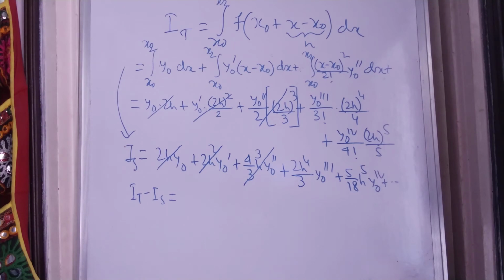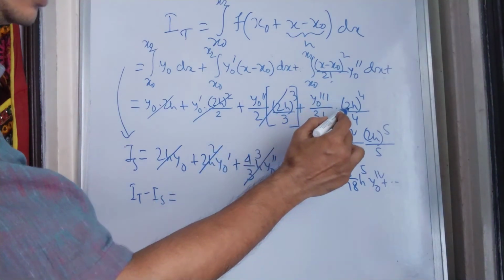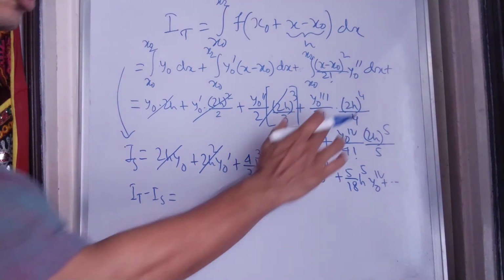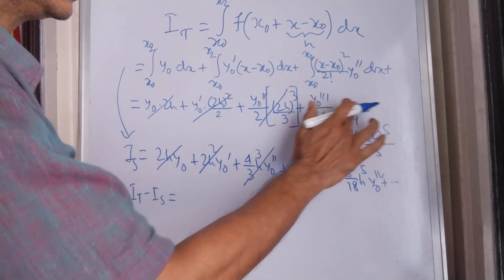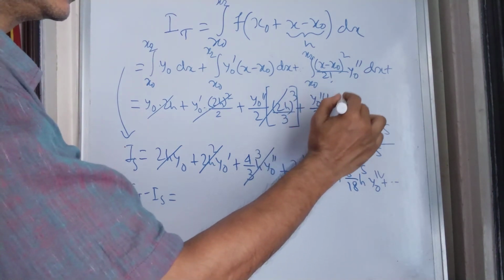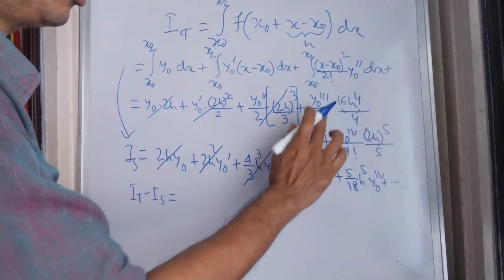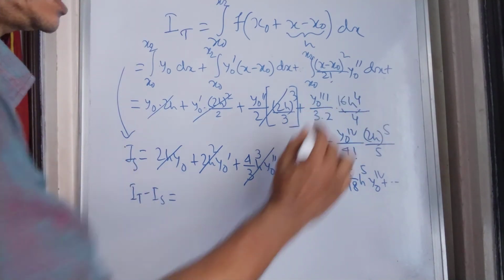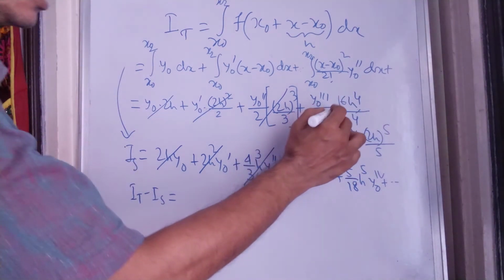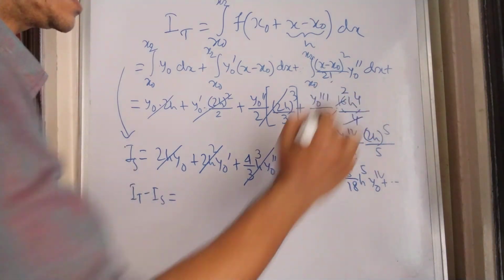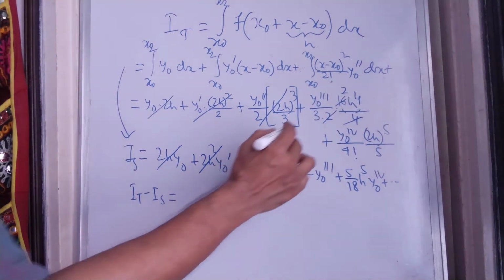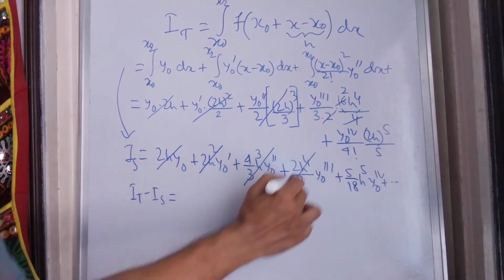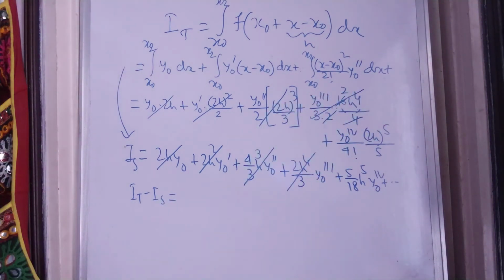And here we have 2 to the power 4, which we may write as 16h to the power 4, and factorial 3 is nothing but this. So these 2's make it 2, and it becomes 2h to the power 4 by 3. So this also cancels out.